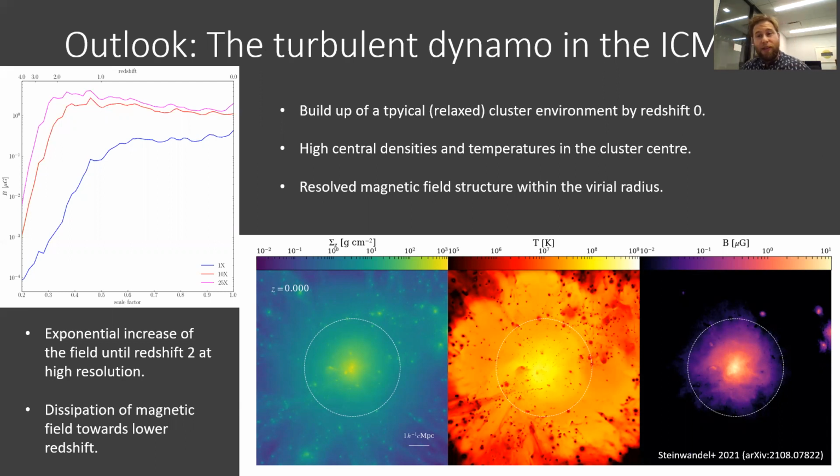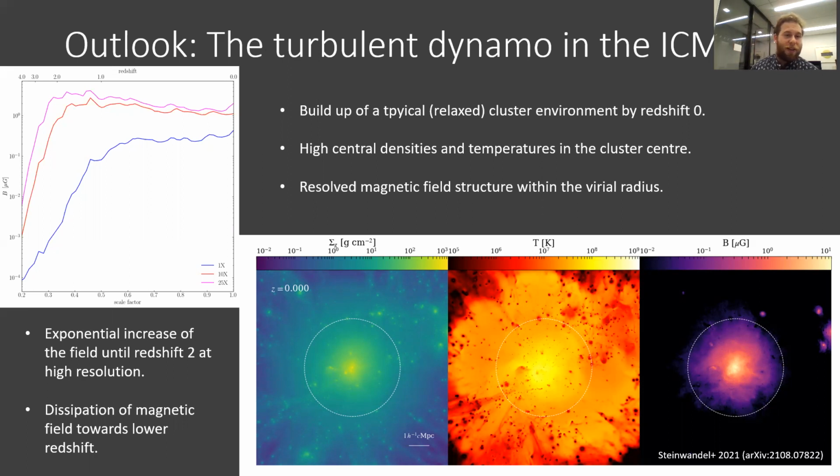And what you can already see is that something is going wrong with the 1x simulation. It has a very different shape than the 10x and the 25x, which have 10 and 25 times higher mass resolution respectively.